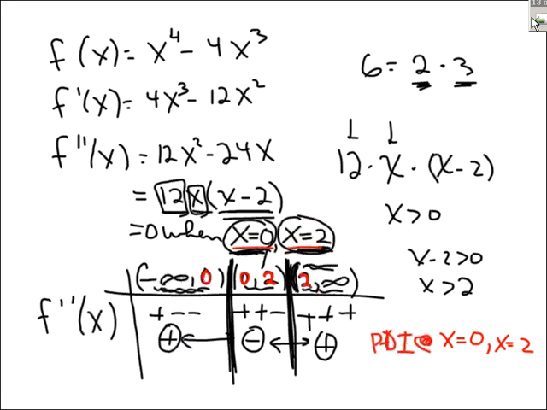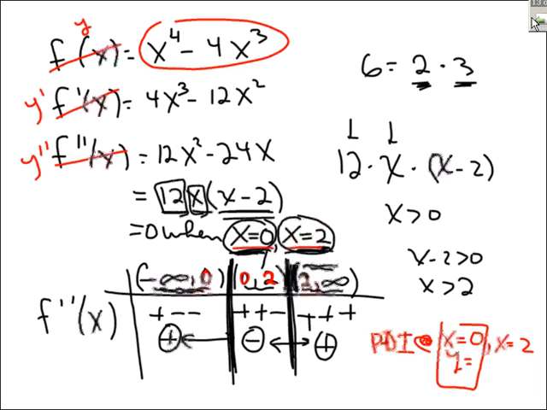If they ask for the exact point, well then you have to give the y value. If x is 0, and remember, another name for f of x is y. F prime of x, y prime. Y double prime. Somebody asks you for a y value, please use the y formula. 0 to the 4th minus 4 times 0 cubed is 0.